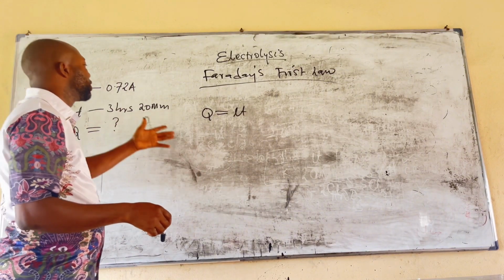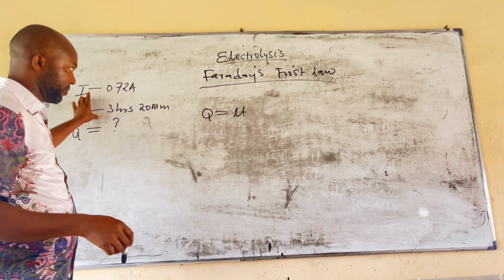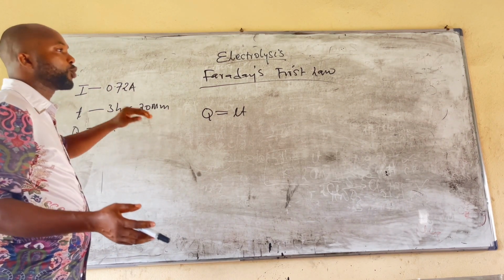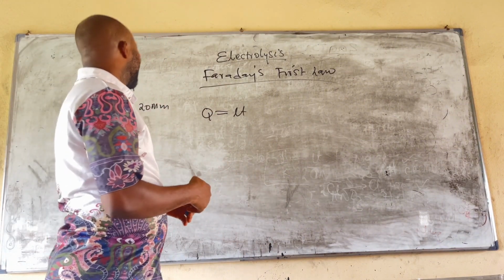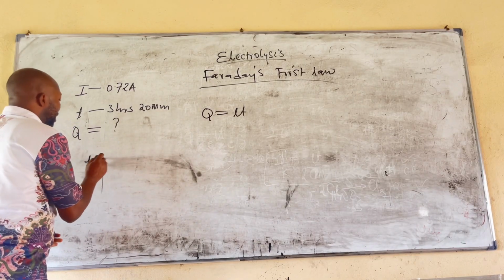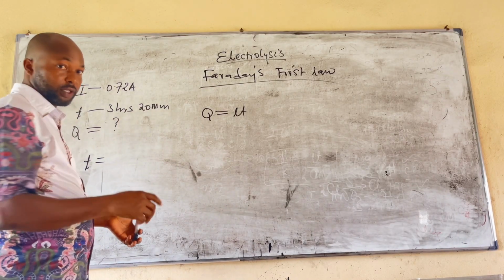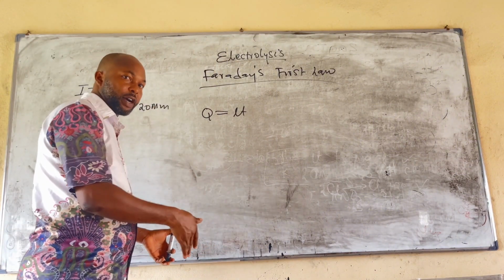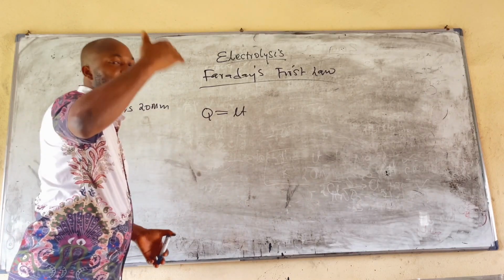So all we need to do is to multiply our current and our time. But the time here is in hours. We have to convert the time into seconds. And do not forget, for us to do that, 60 seconds make 1 minute, 60 minutes make 1 hour, which means 3 hours will be 3 times 60 times 60.